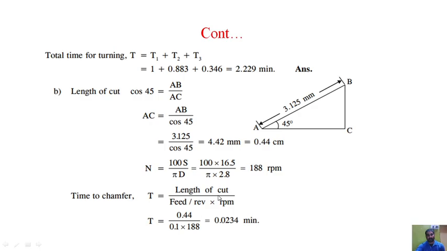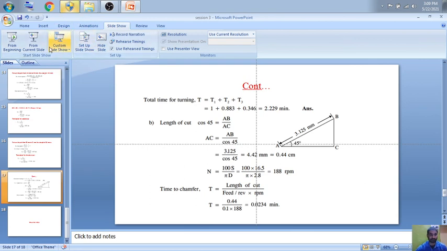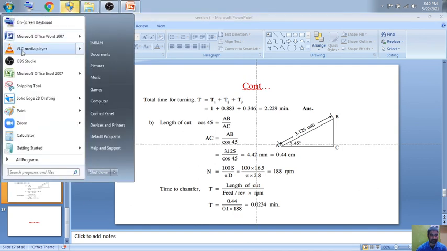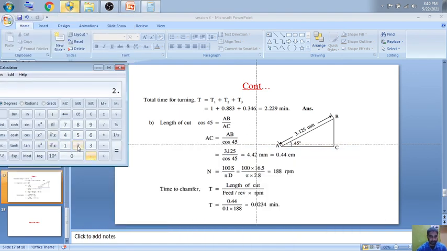So this is for the turning operation, plus the chamfer operation you require 0.0234. This is the total time, 2.2524 minutes.